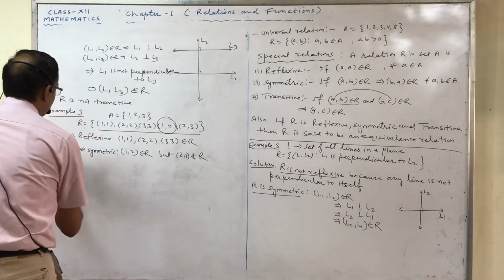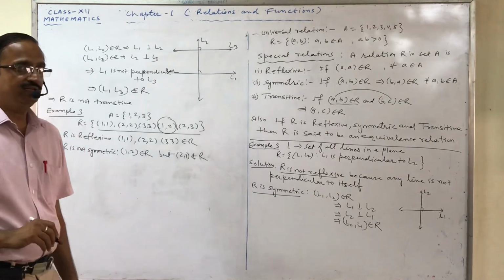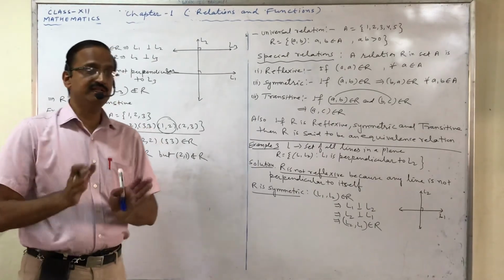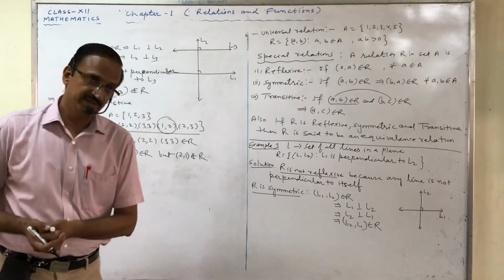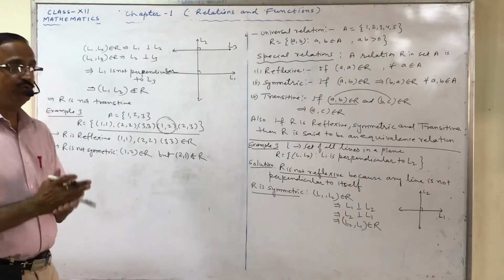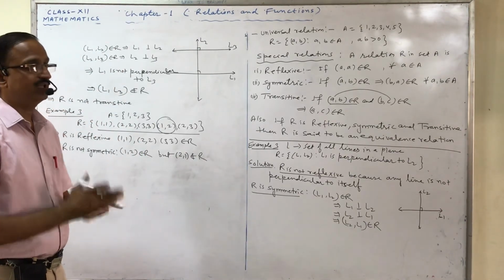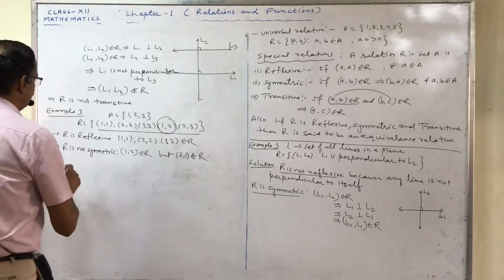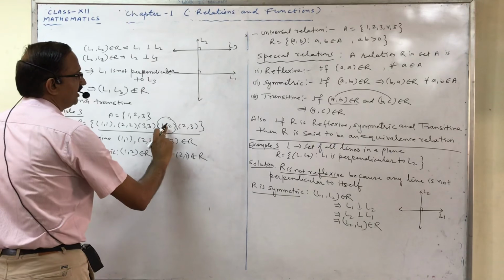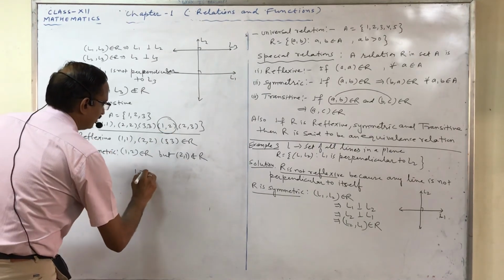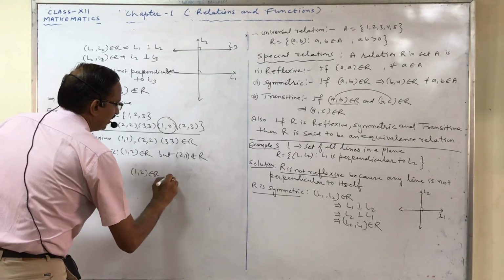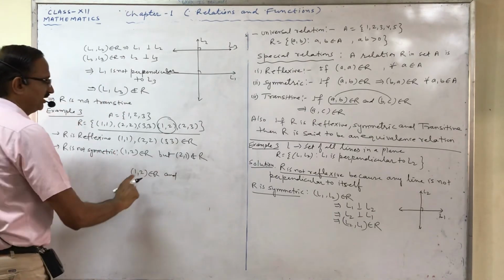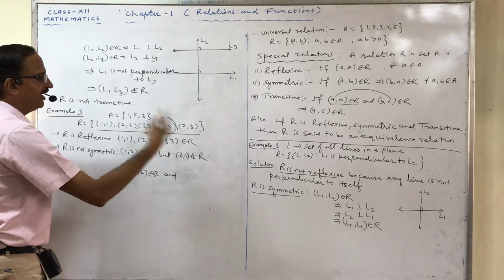Now come to the third one. For transitivity again, it is not necessary that it is applicable for all the elements, but it should be applicable for the pairs which are given in the relation. So look, 1 is related to 2. (1, 2) belongs to R, and the connectivity of 2 with other element.